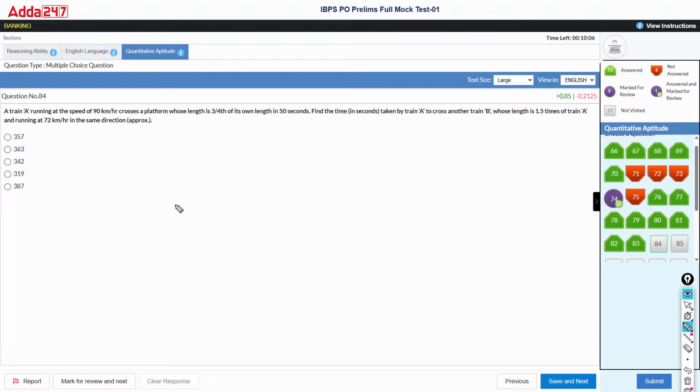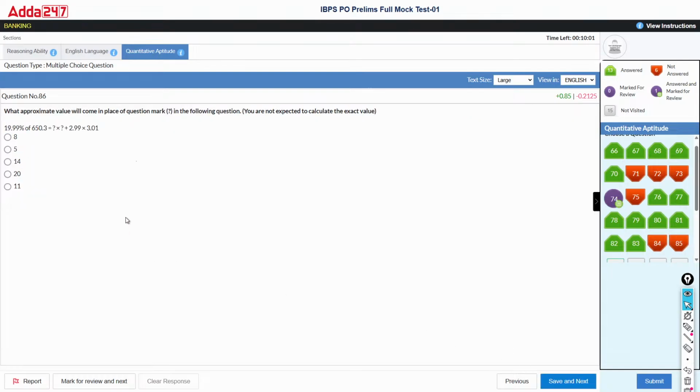A train running 90 kilometers. Okay, let's check with those simplifications. 20% 65 equals x square plus 3 into 3, 9. So 121, 11. 50% 72. So 360 equals 5x plus 4 into 5, 20. 340.